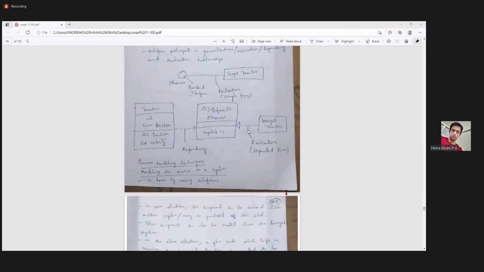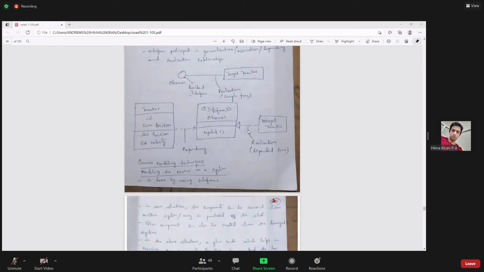So a realization relationship says that one classifier ensures a contract to carry out the work by another classifier. For example, a collaboration is there. Inside the collaboration, we have the name manufacturing department. What a manufacturing department will do is manufacture a product.